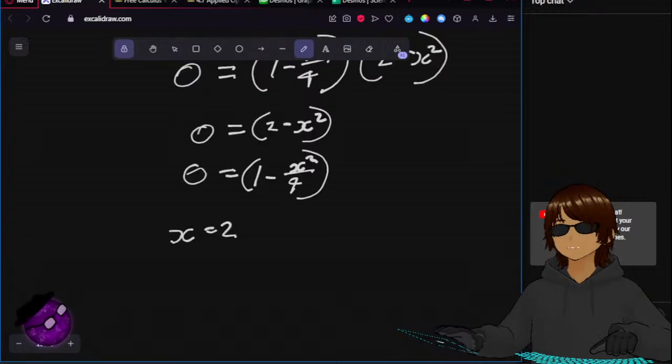So then 2 squared would be 4. 4 divided by 4 is 1, and then we get 0, or x is root 2.